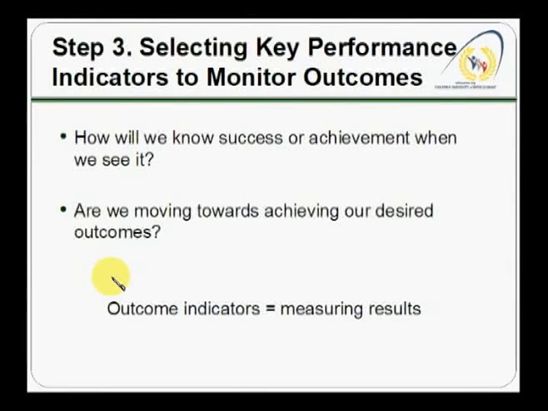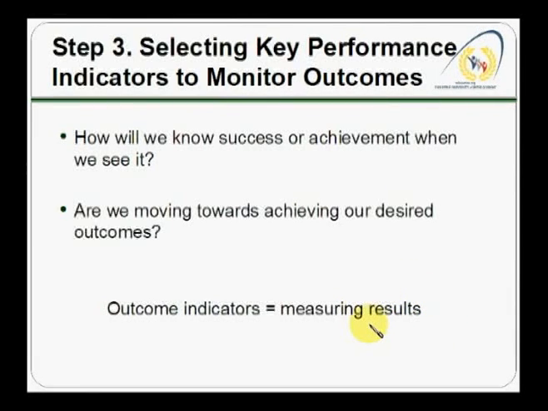Another one would be: are you moving towards achieving your desired outcomes for the CEC? This means that the indicators you are going to use to measure outcomes are actually going to measure results. We want to measure tangible results of your CEC, whether or not it has really accomplished something, or maybe there are some factors that limited you from attaining your outcomes.